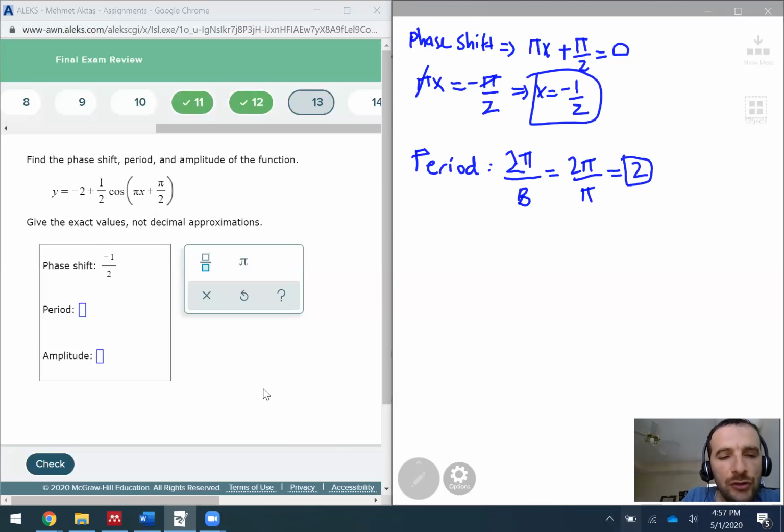And amplitude will be the absolute value of the number in front of cosine, which is 1/2, right? So amplitude is absolute value of 1/2, which is 1/2. Okay.